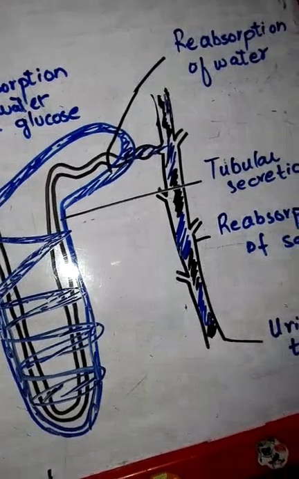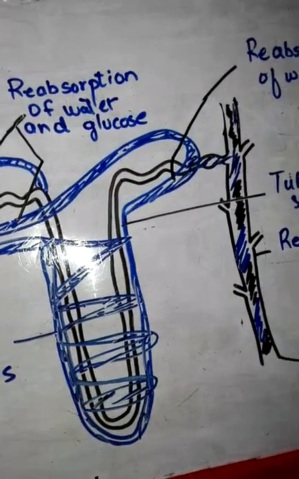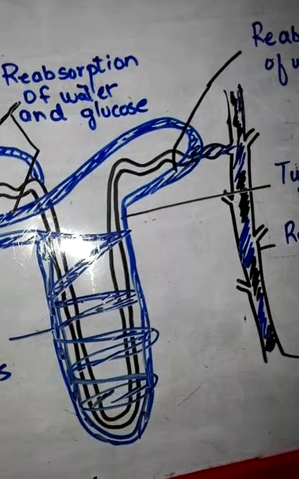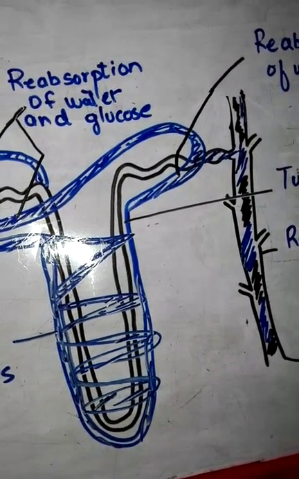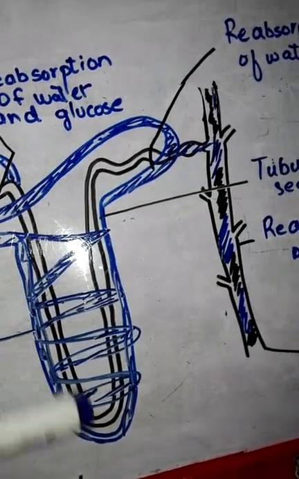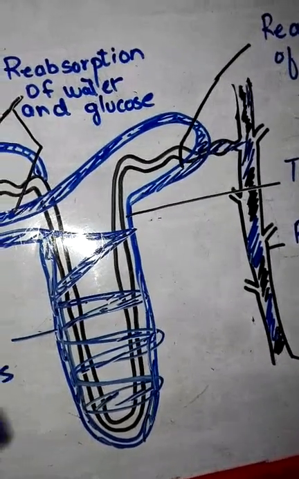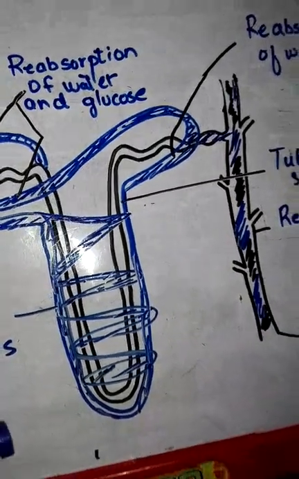Third step was tubular secretion. Tubular secretion takes place here. What is that? Different ions, creatinine and urea are secreted from blood into the filtrate in the renal tubule. This is done to maintain the body pH.